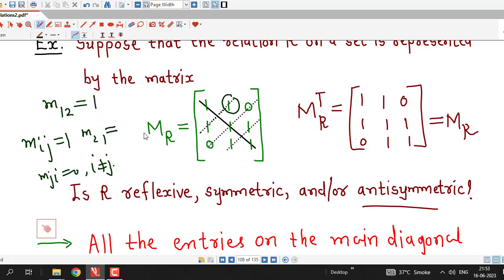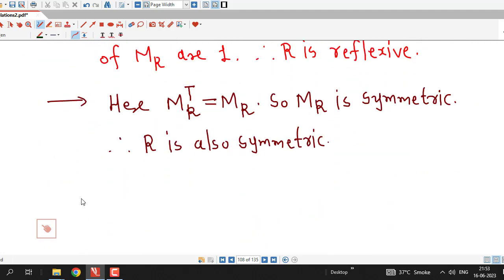And m21 means second row first column, so here also I have 1. If the relation is antisymmetric, then if this is 1, this must be 0. So this relation is not antisymmetric. Same thing here also: m13 is 0 and m31 is not 1, or these two must be opposite of each other. So this relation is not antisymmetric.